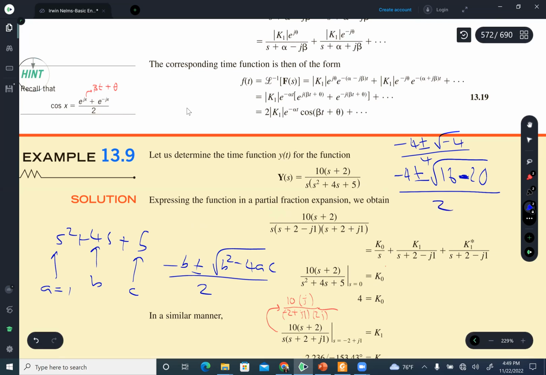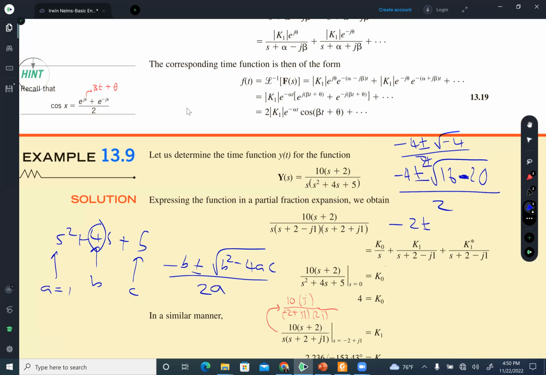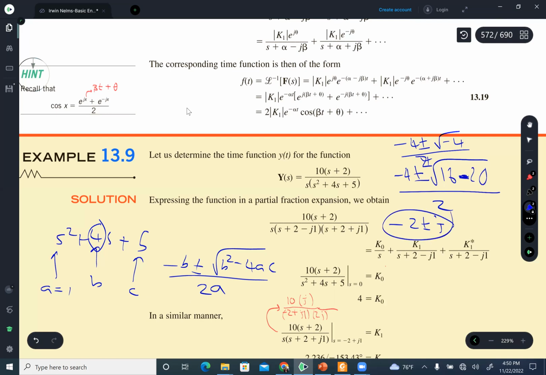So minus b is minus 4 plus or minus, b squared is 16 minus 4ac is 20, and divided by 2a, which is 2, a is 1. So you get minus 2 plus or minus j, right? Yeah. Those are the roots of this.